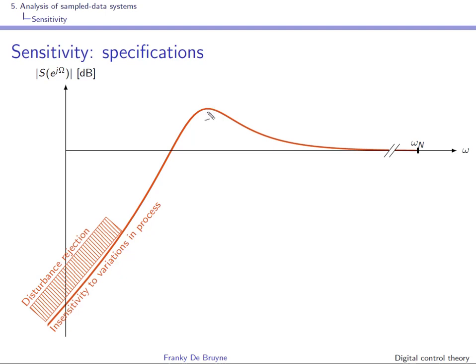And this would be at this frequency over here. Okay, so this would be the sensitivity peak, ms, and this can be used as a new measure of robustness because it is linked to the shortest distance between the loop gain Nyquist curve and the critical point -1.